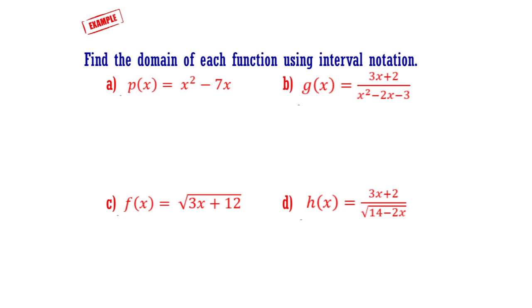Okay, let's fancy this up a little bit, give you some more that maybe it's not quite as obvious to see how to do that in your head. So looking at this first one, I don't see a fraction. I don't see a square root or any kind of root. So your domain on this is just going to be negative infinity to infinity. No issues. All right, this next one, I see a fraction. I do not want the denominator to be 0.